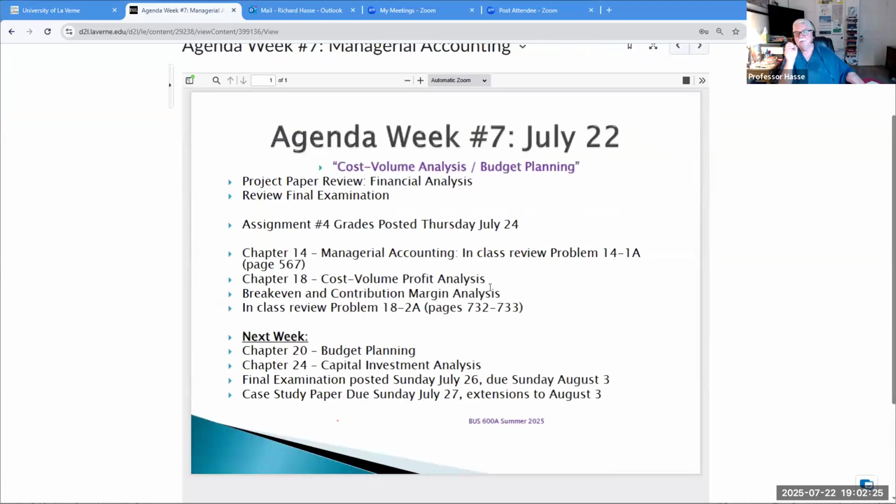So those are the two problems that pretty well describe what you need to take out of chapters 14 and 18. I will post those solutions after class tonight, so you have that as a study guide. But you need to be familiar with how to determine manufacturing cost per unit by separating product costs from period costs, and what our contribution margins or break-even points are, understanding the relationship of your costs to variable and fixed.